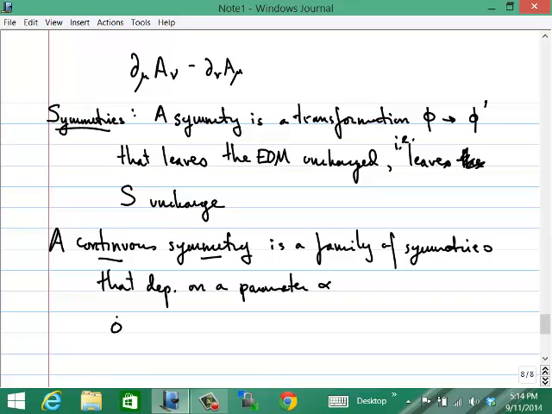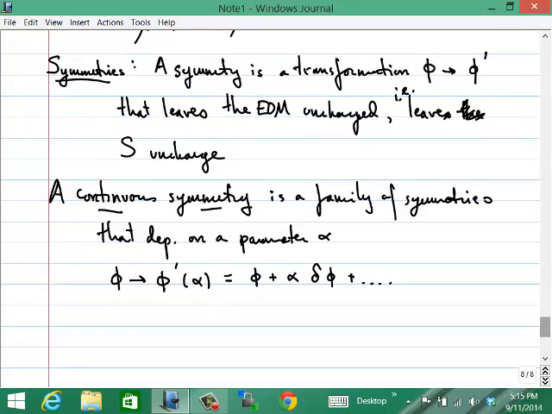So if you imagine the transformation phi going to phi prime as a function of alpha, you could expand order by order in alpha and consider only the small symmetry where alpha is taken to be infinitesimally small, and you work at linear order in alpha.